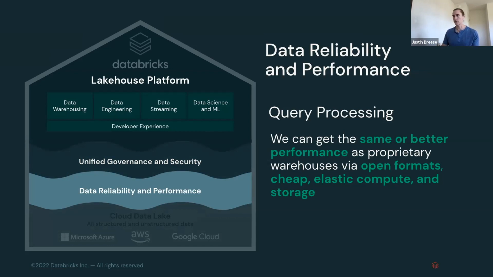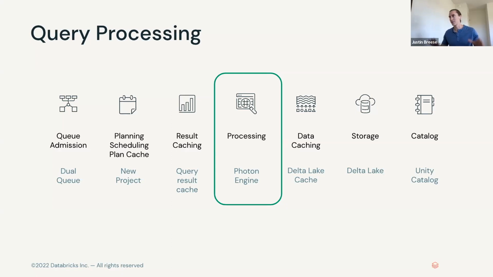At Databricks, we'll narrow this down. We keep double clicking: what is query processing? Query processing spans many engineering teams. This just gives you an idea, a quick glance. I'm not going to talk about all of these things, but if you'd like to, of course we can.